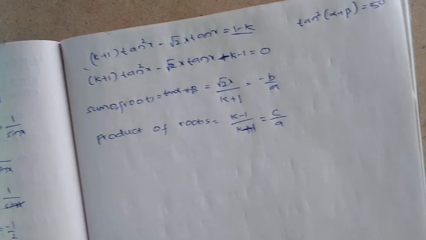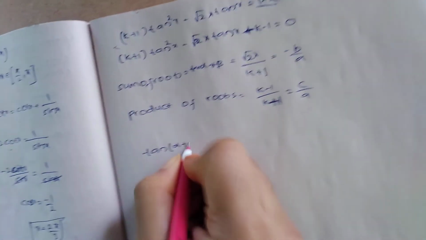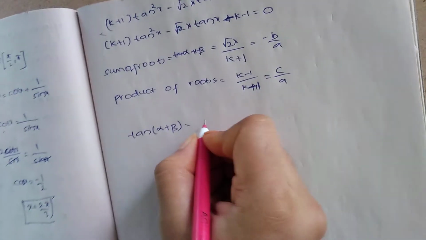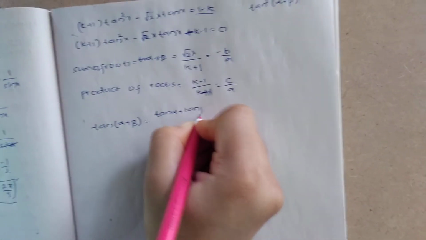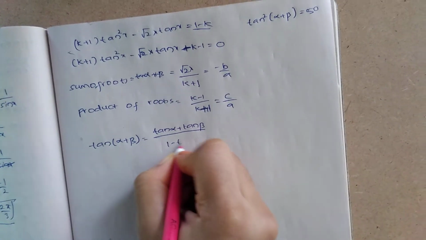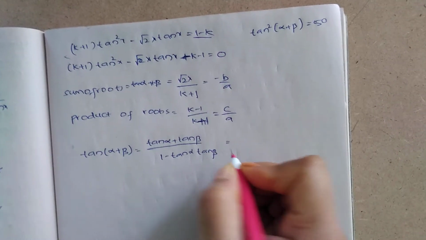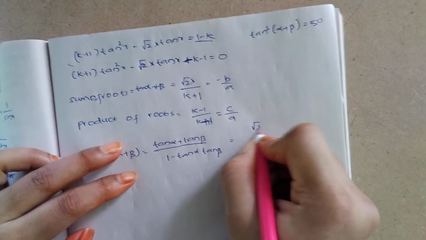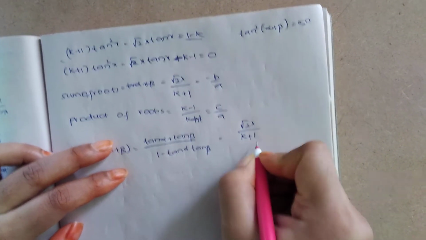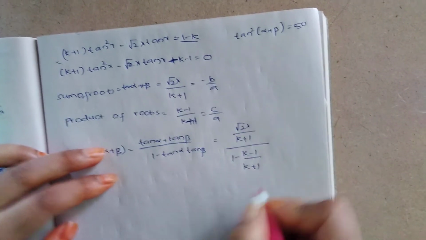Look carefully. We know the formula for tan of alpha plus beta: tan alpha plus tan beta by 1 minus tan alpha tan beta. So we have all the values. Let's substitute: root 2 lambda by k plus 1, by 1 minus k minus 1 by k plus 1.